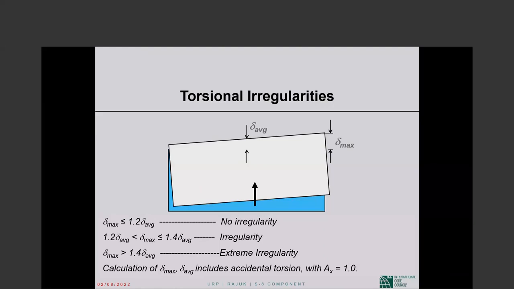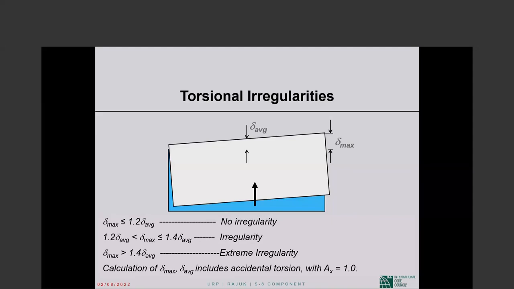If delta maximum is larger than 140% of delta average, we have extreme torsional irregularity.